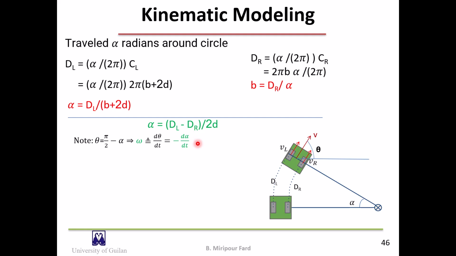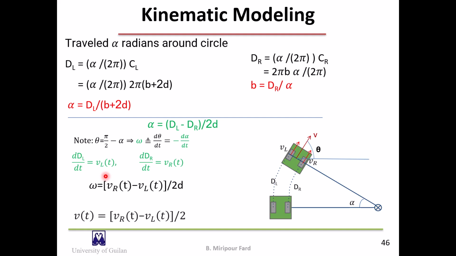Finally, using green relations, we can write omega equals vr minus vl over 2d. So we can obtain a relation for omega.